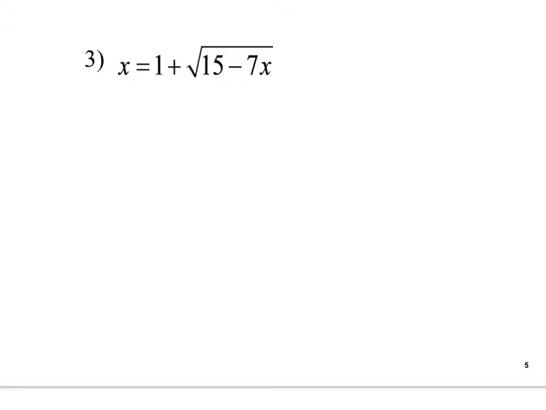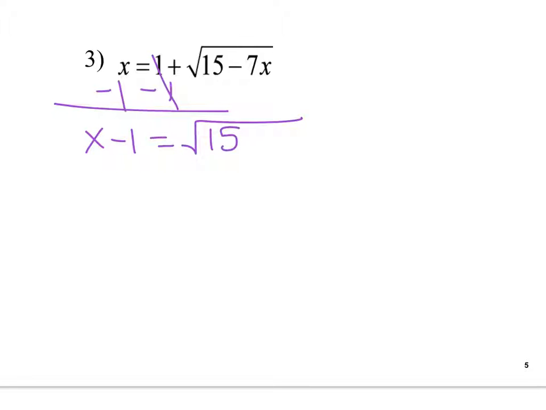Okay, same deal on this one. This one gets a little bit more fun and exciting. This 1 has to go, so I subtract. But when I subtract the 1, I get x minus 1 equals 15 minus 7x. Okay, so it's isolated, so now I square both sides.